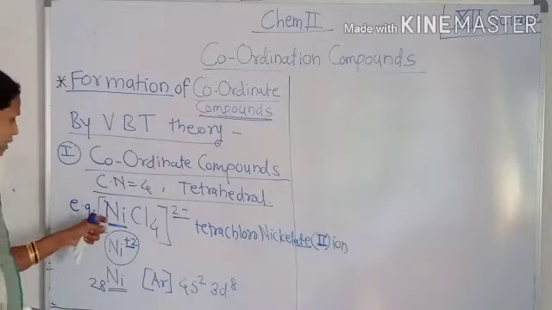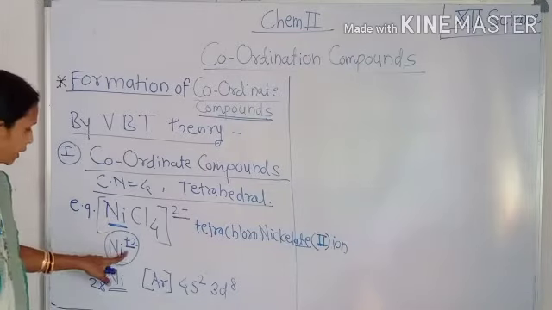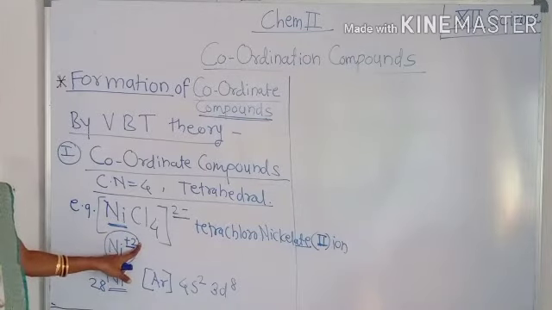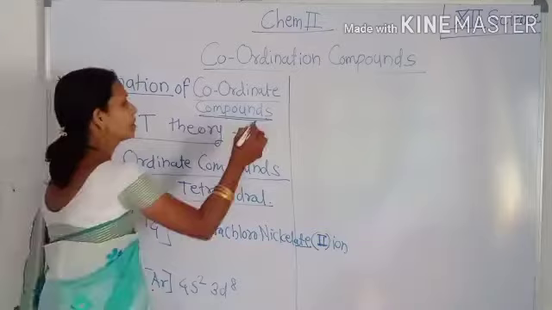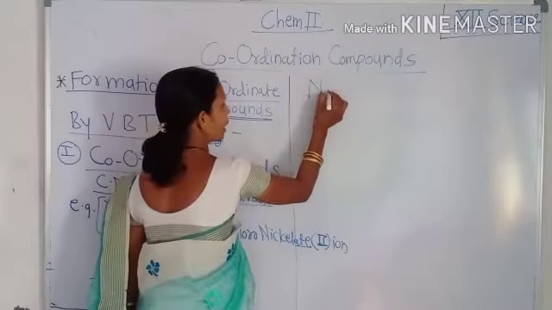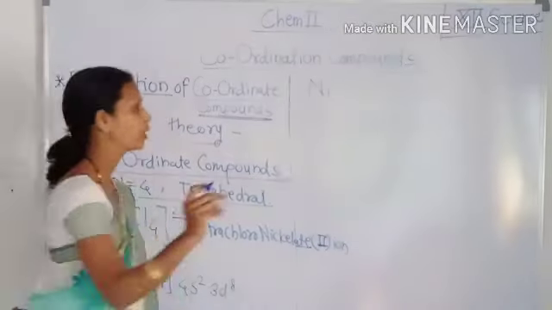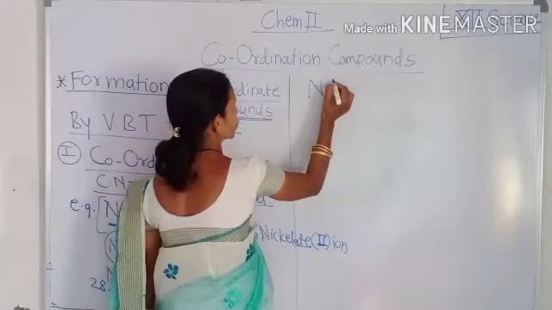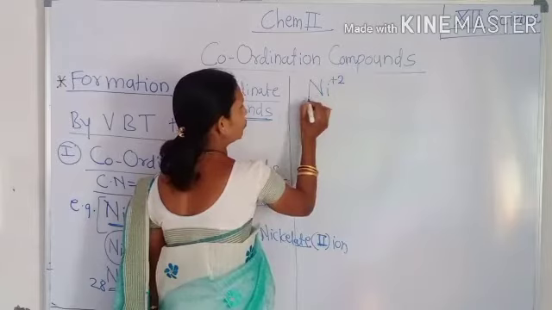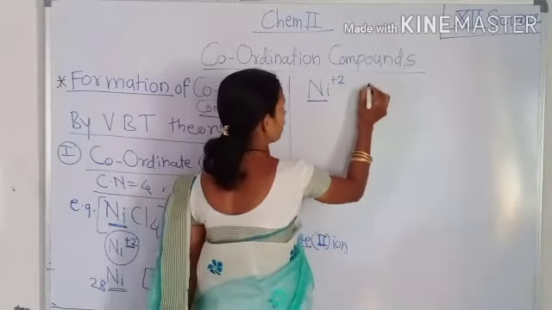But in this complex the nickel 2 plus ion is present. Therefore, we have to write the electronic configuration for Ni2 plus.